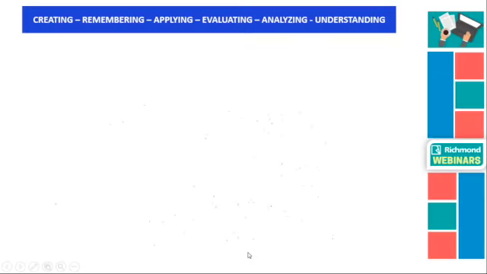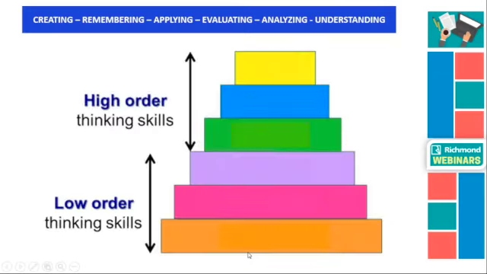These are the different higher order and lower order thinking skills: creating, remembering, applying, evaluating, analyzing, and understanding. I'm going to ask you to think of the pyramid, from the basis to the top, which is the higher order.